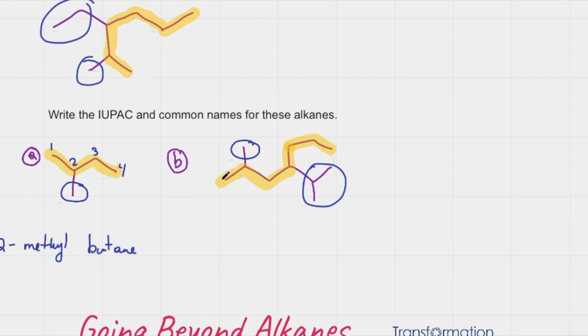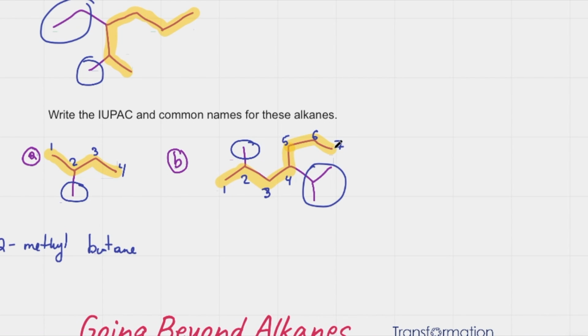If I start from the left, I go 1, 2. My substituent is on carbon number 2. On the right, I go 1, 2, 3, 4. My substituent is on carbon 4. Left is winning. So let's go ahead and number 1, 2, 3, 4, 5, 6, 7.